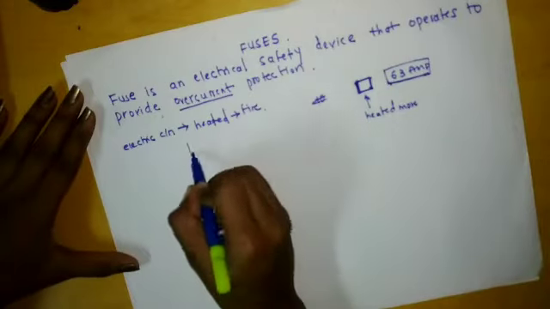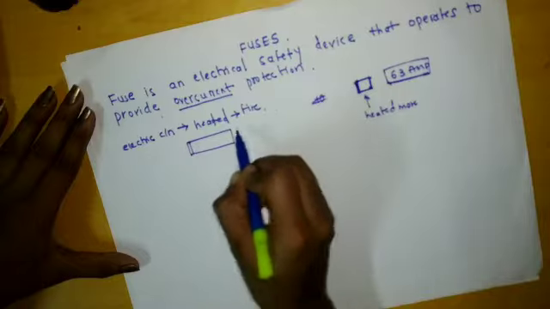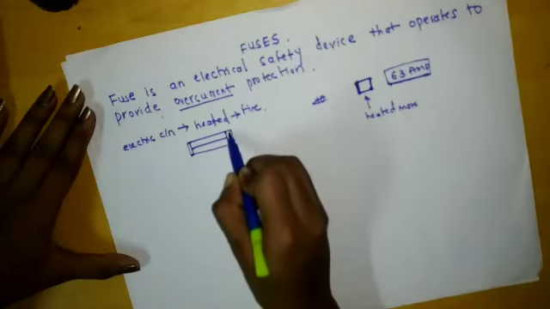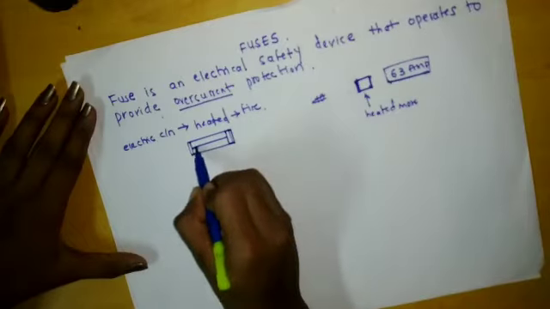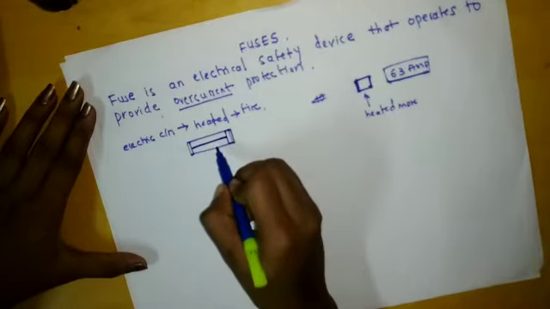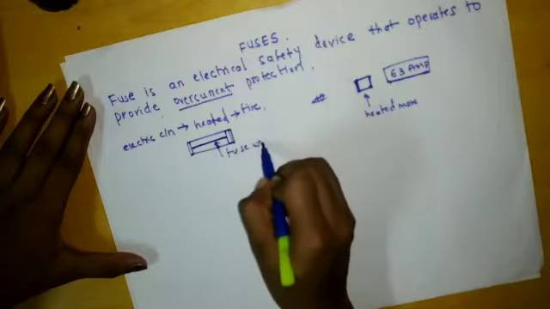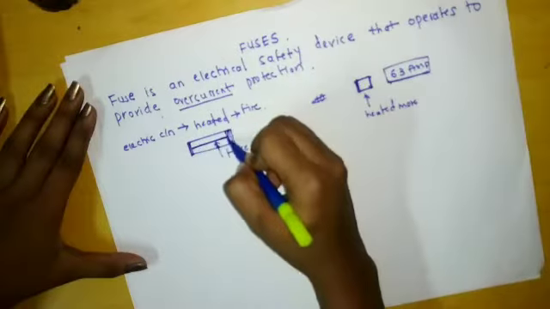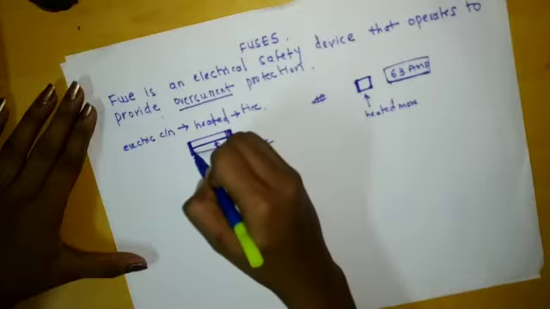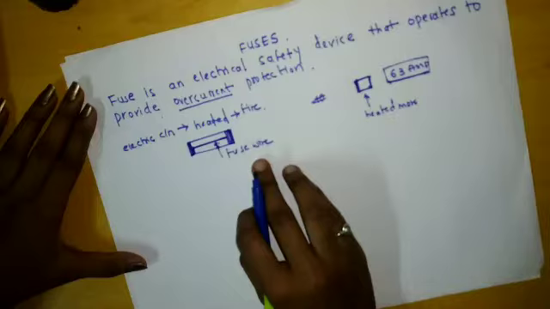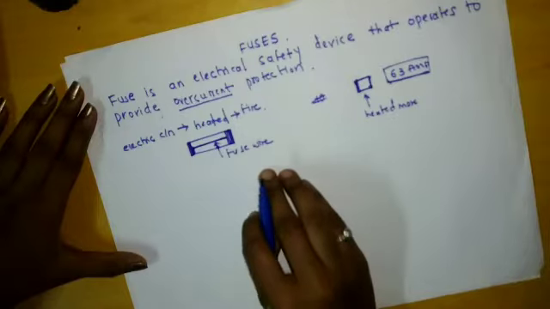So this is the fuse. This is the fuse wire, and these two are two terminals. This is fuse wire which is made up of zinc, copper, silver or aluminium.